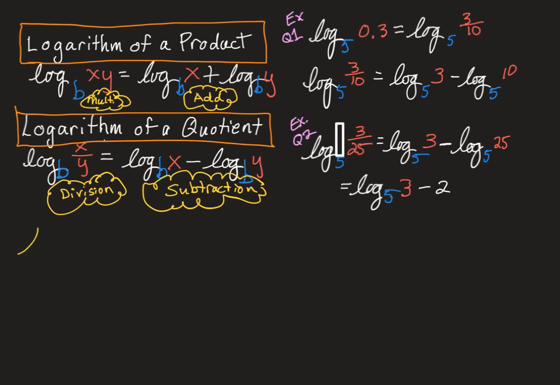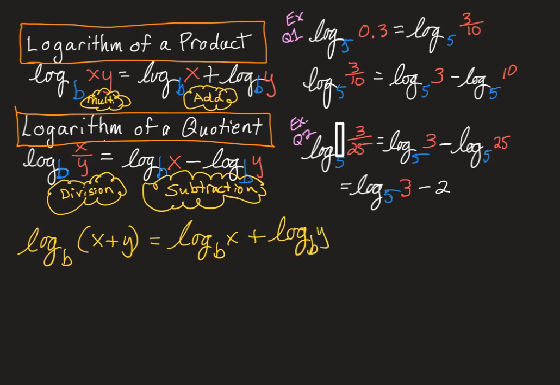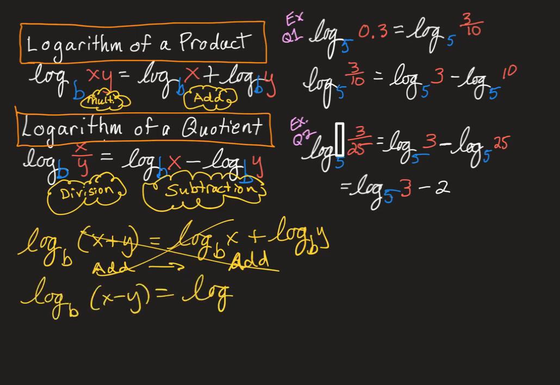You cannot take a sum out of a logarithm and separate it into another sum in this fashion. You do not go from addition to addition. That is a no-no. Also, you do not go from a subtraction to a subtraction.